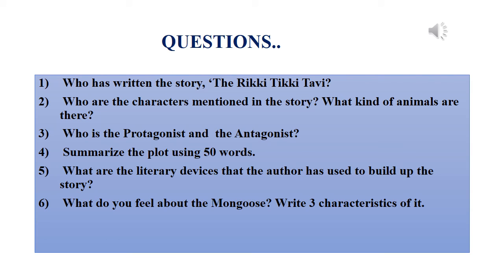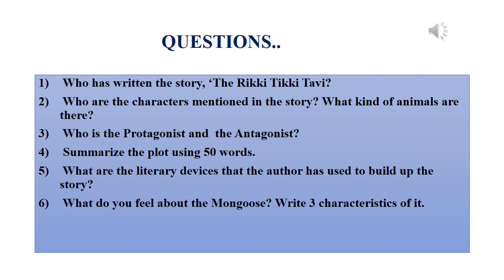For example, the mongoose has been taken as the main character, Rikki Tikki Tavi. And also some tailor birds. Tailor birds means some songbirds. So they are Darcy and Darcy's wife. And other animals are cobras, Nag and Nagaina. And the coppersmith, you can find out more.